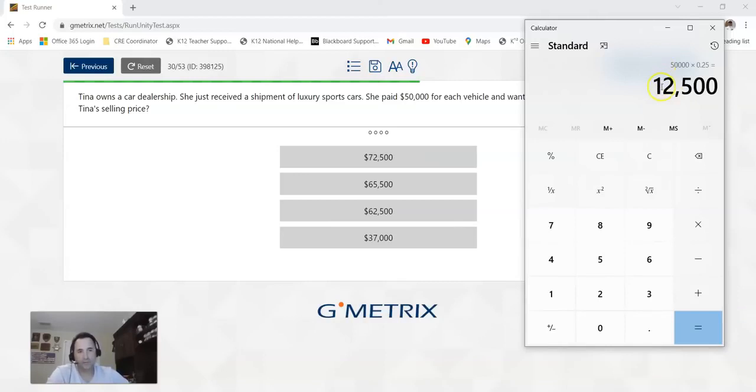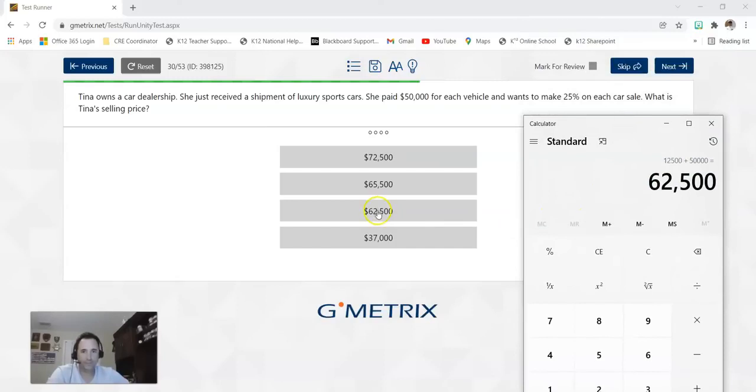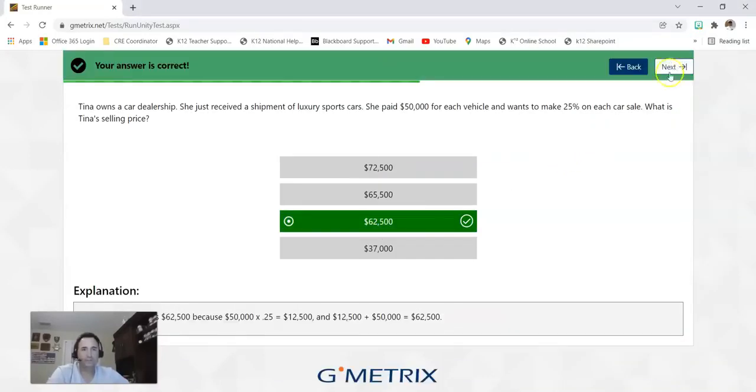So we take that $12,500 and we add it to the $50,000 for the price of the car that she paid. So she has to sell the car for $62,500 in order to make a 25% profit. There we go, 62,500.